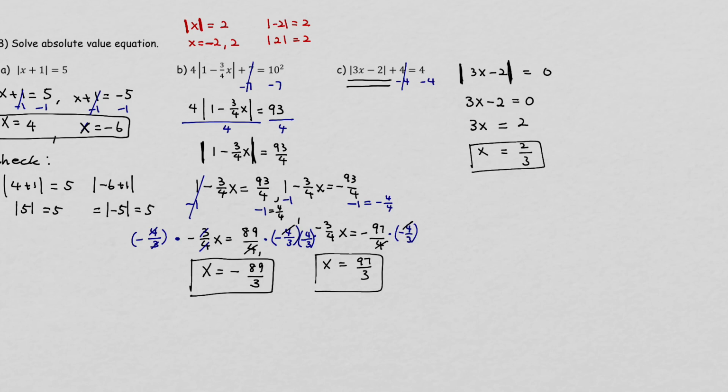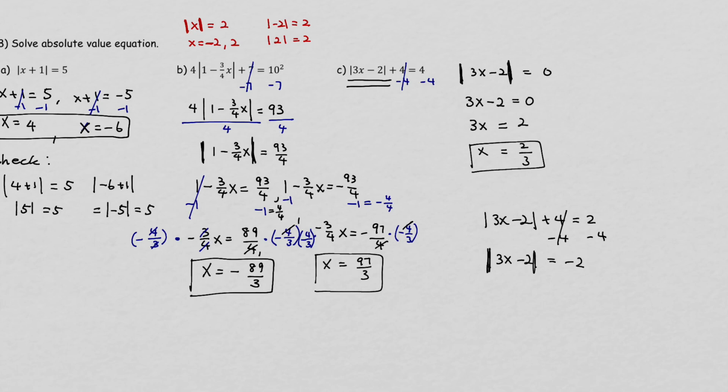One more thing that I wanted to mention. If we have something like absolute value of 3x minus 2 plus 4 equals 2, when you subtract to isolate the absolute value and you end up getting a negative number, you don't even have to solve any further. Why?